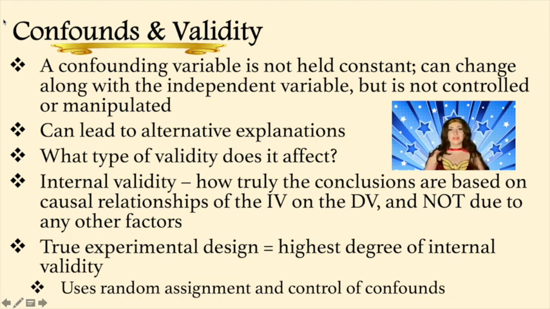Remember, random selection of participants is different than random assignment of participants. Random selection means that anybody in a particular population has a fair chance, an equal chance to participate in your study. Once they are selected for your study, they need to be assigned to a condition.